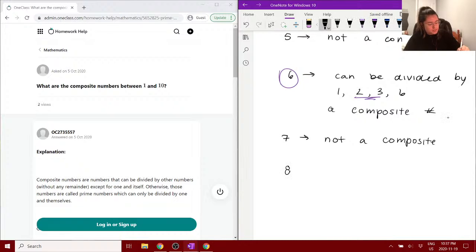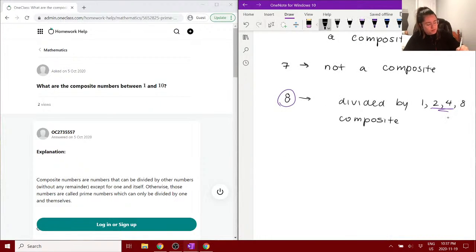We have 8. This can be divided by 1, 2, 4, and itself. So therefore, it is a composite number since it can be divided by 2 and 4 as well as 1 and itself.